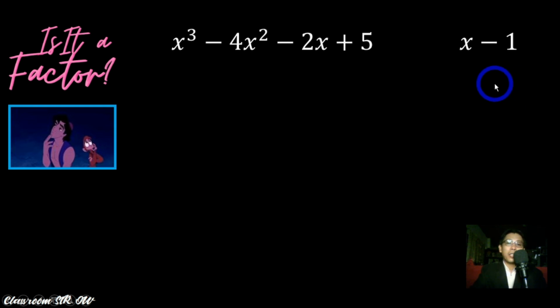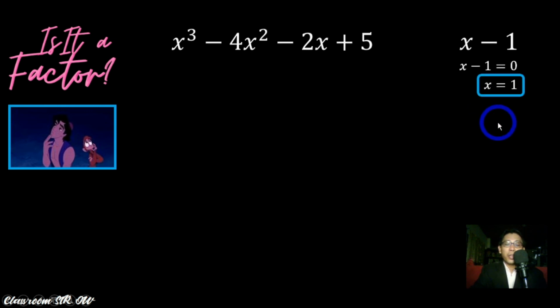But if it is not like this, then that will not be a proper way to do it. So that is why I make use of evaluating the function. So for x minus 1, we are going to equate this to 0. And of course, applying the addition property of equality, we have x is equal to 1.